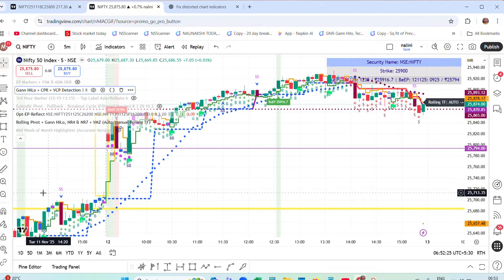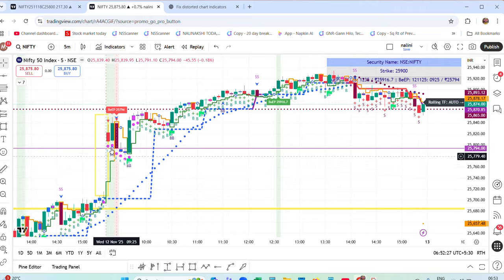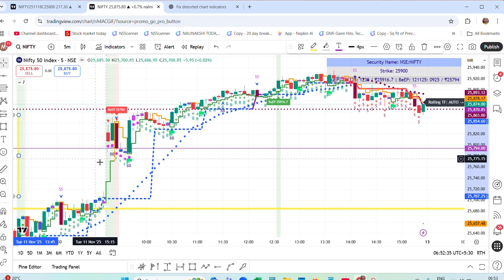Save as default. When it changes from green to yellow, it is telling you to pause. Only when it starts plotting green should you enter. So you enter when EP is supporting, it has not gone below the EP, and there is a big bull bar.